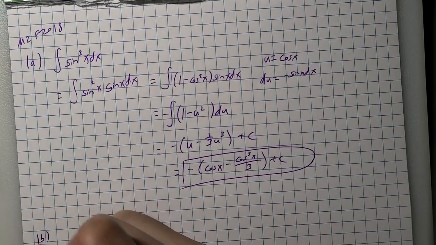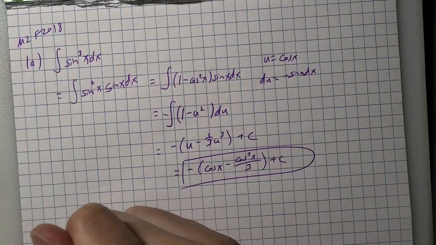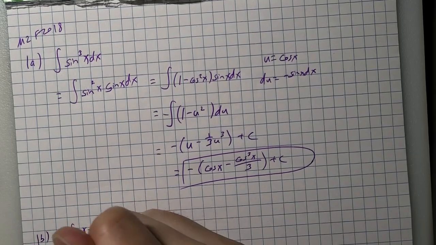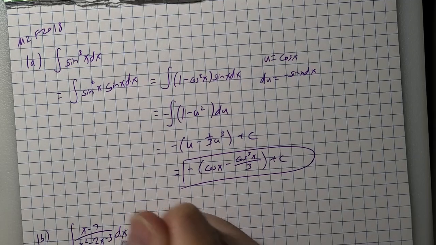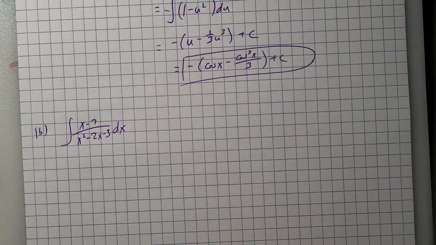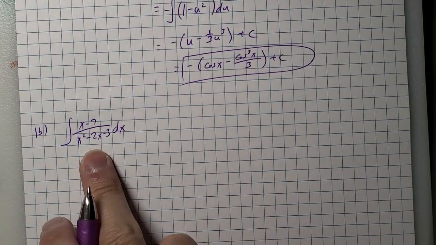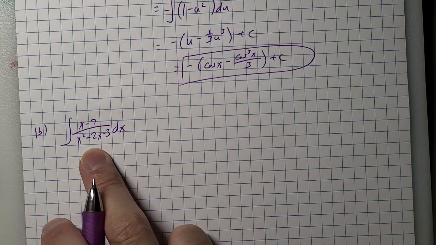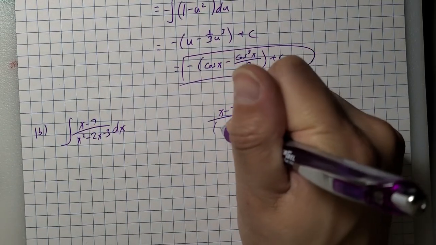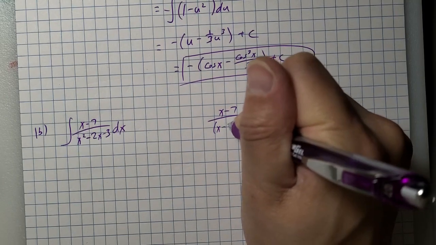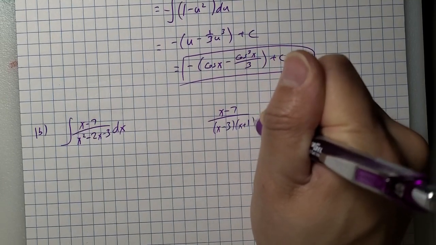Next one, B, we have x minus 7 over x squared minus 2x minus 3 dx. Okay, so how do we solve this? This one looks like partial fractions, so can we break it out into partial fractions? Let's factor the bottom. That'll be x minus 3 times x plus 1.